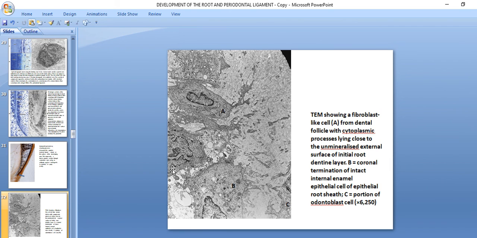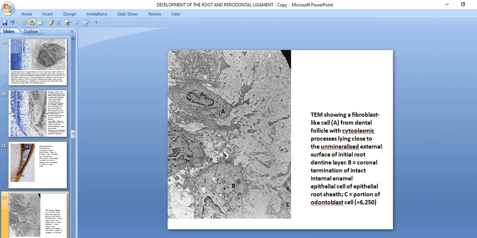The cells project numerous cytoplasmic processes between which cytoplasm integrates and freshly formed collagen fibrous bundles together in this space. And this micrograph illustrates the fibroblast-like cell from a dental follicle with cytoplasmic processes lying close to the unmineralized external surface of the initial root dentin layer.